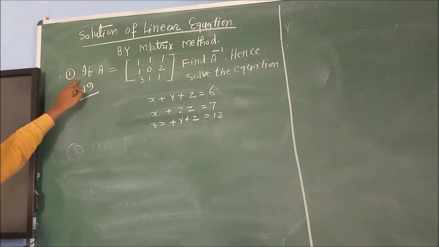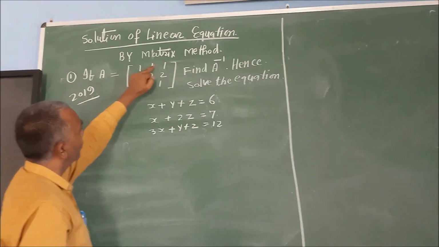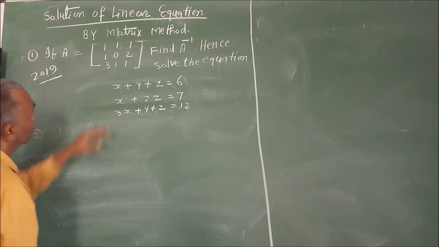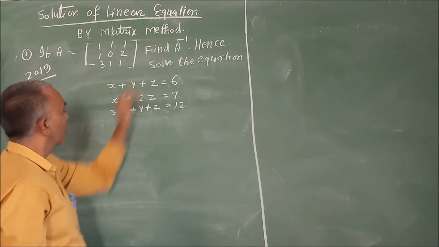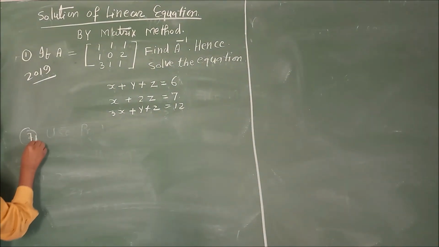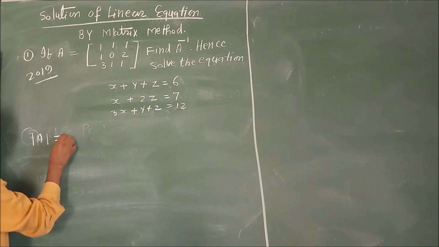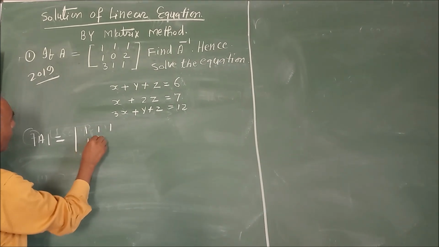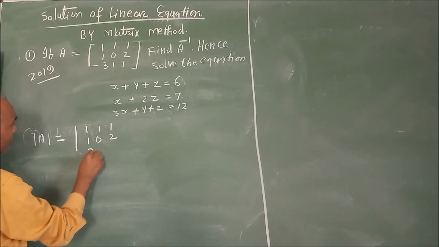See here, our question is: if A is given as [1 1 1; 1 0 2; 3 1 1], then find A inverse. So what is to be done to calculate A inverse? First you have to find the determinant of A. Determinant of A can be written as the determinant of [1 1 1; 1 0 2; 3 1 1].